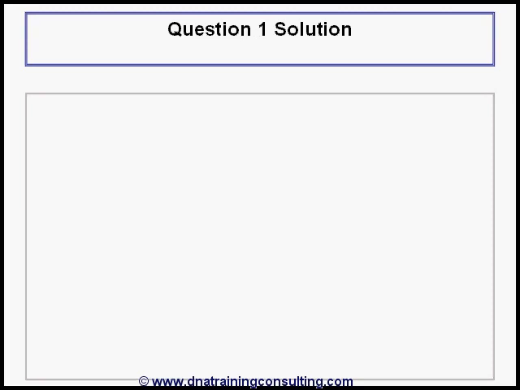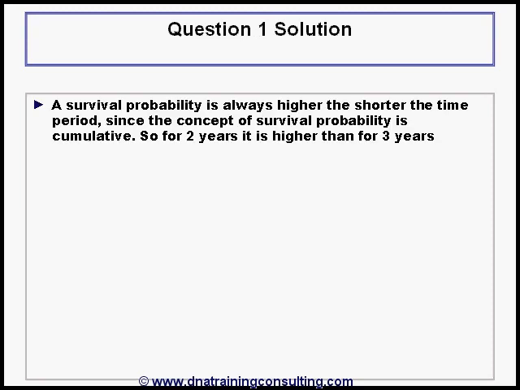Solution to question 1. A survival probability is always higher the shorter the time period, since the concept of survival probability is cumulative. So for 2 years, it is higher than for 3 years.